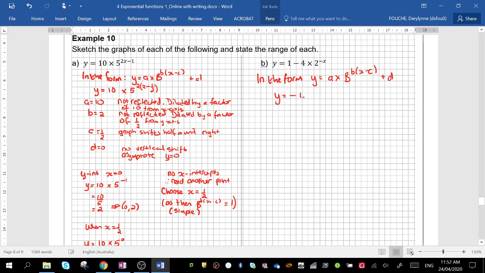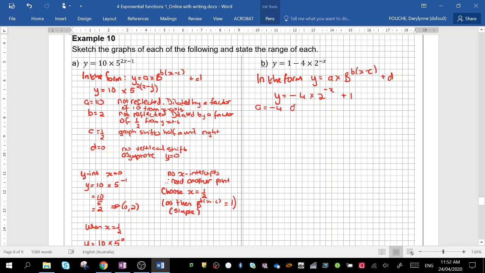So we have y equals negative 4 times 2 to the negative x plus 1. And interestingly, we have a negative over here and a negative over here. So immediately you should be thinking there are reflections involved. So A, that's going to disappear, A equals negative 4.